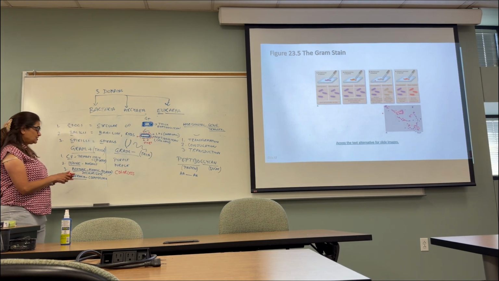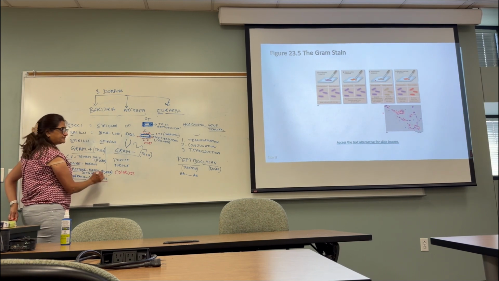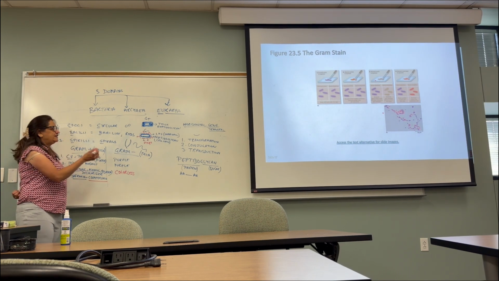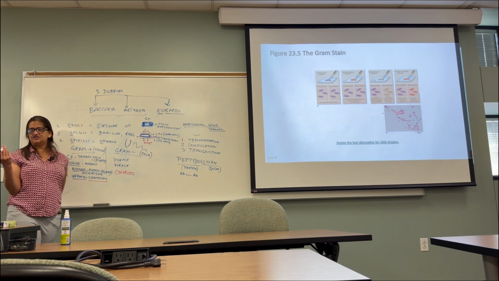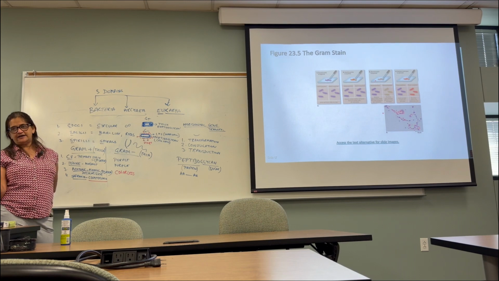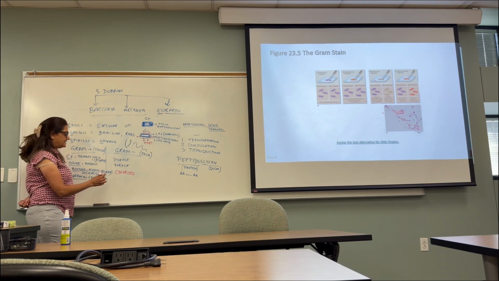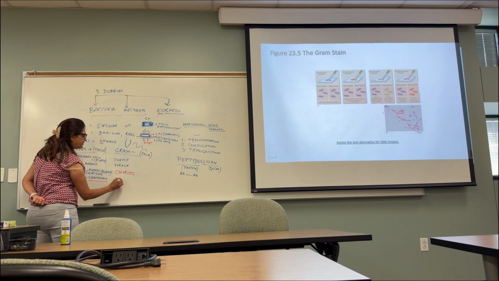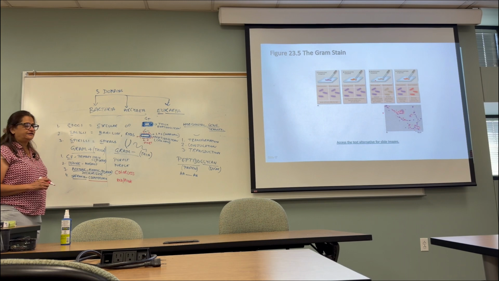So if this is colorless, we need to have a counterstain. So we will apply safranin. Safranin is a reddish pinkish dye. So when you stain something that is colorless, it is going to look reddish or pink in color.